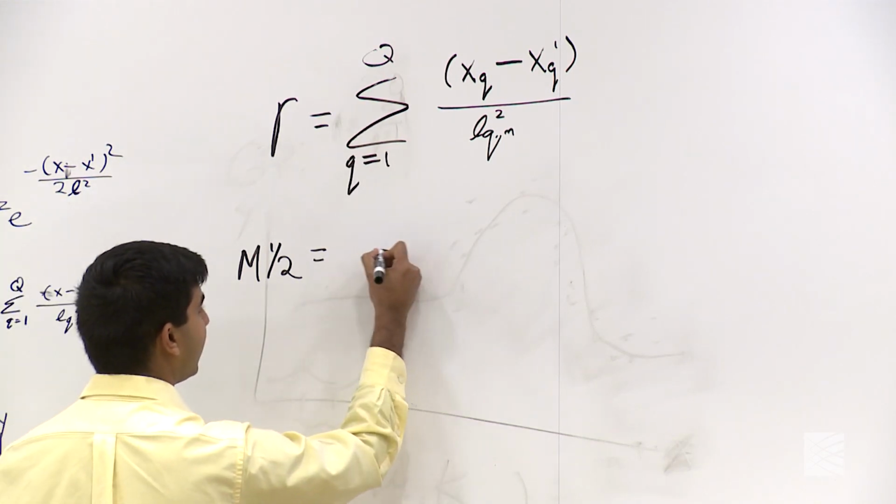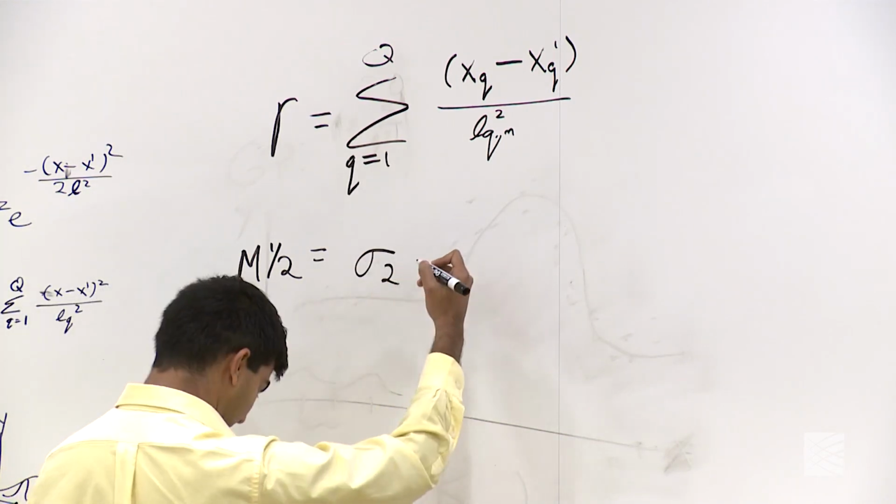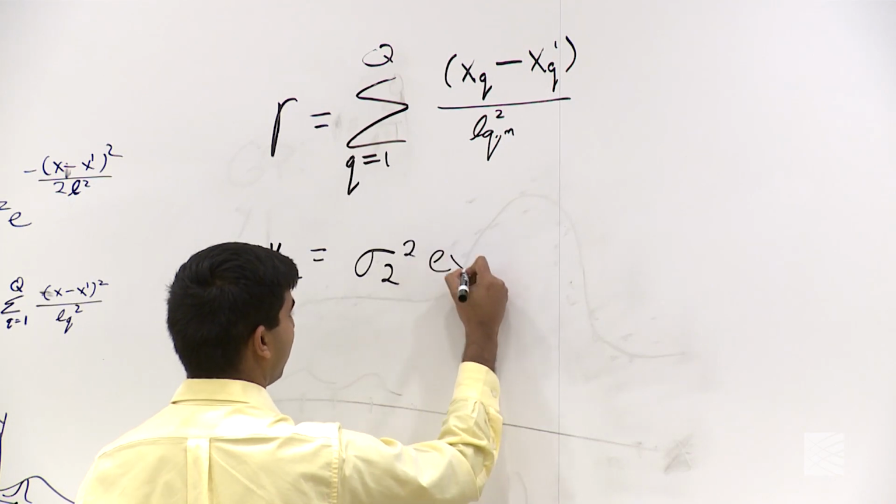There's the Matern one-half kernel, which is differentiable once.